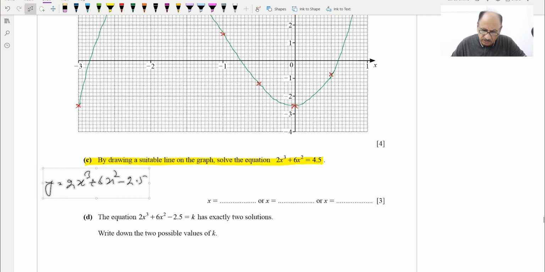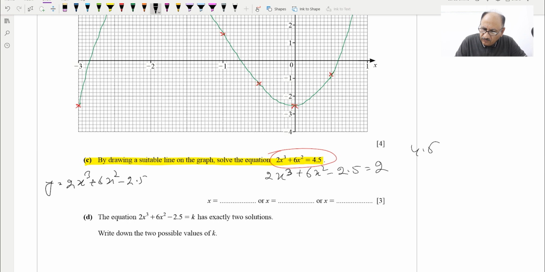If we check this equation, we can rewrite it as 2x cubed plus 6x squared, and this 2.5 we can shift to the other side, and the remaining 2 we can keep on this side. So 4.5 we have divided into two portions. One is 2.5, which we have shifted to the other side and changed to minus, and the other one is 2, which we kept on this side.